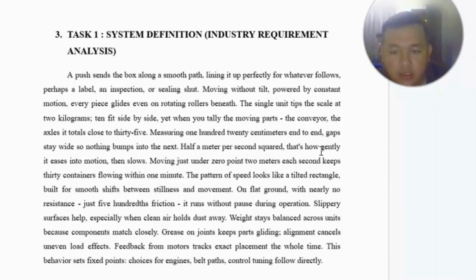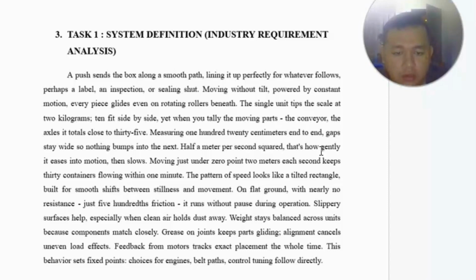It keeps 30 containers flowing within 1 minute. The speed-load pattern is like a tilted rectangle, built for smooth shifts between stillness and movement, on flat ground with nearly no resistance, just 0.05 friction.